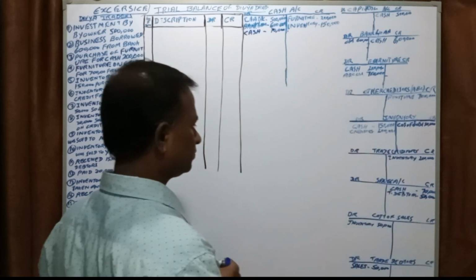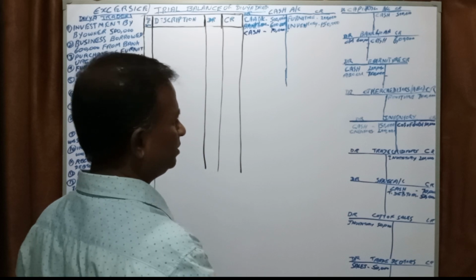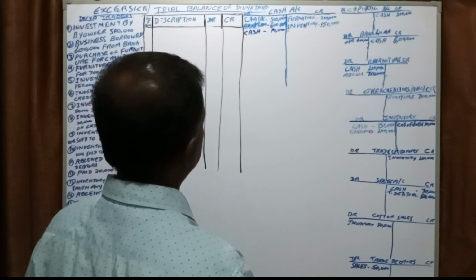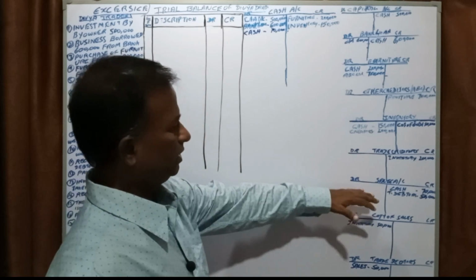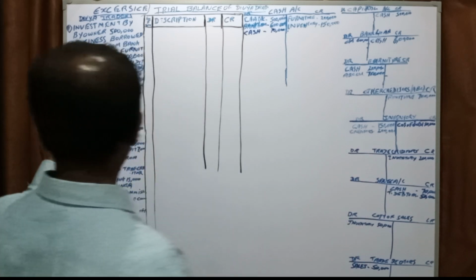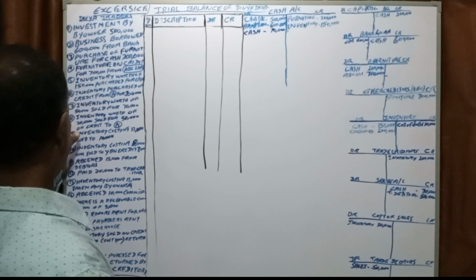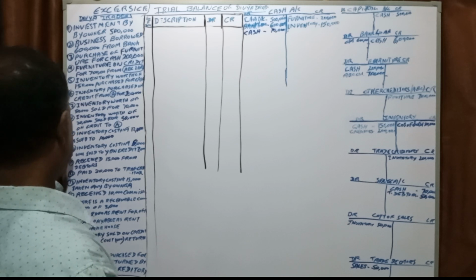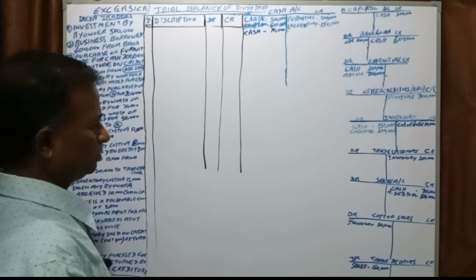Okay. Double entry is completed. Okay. So here trade debtors and sales had been affected for adjustment number 8.